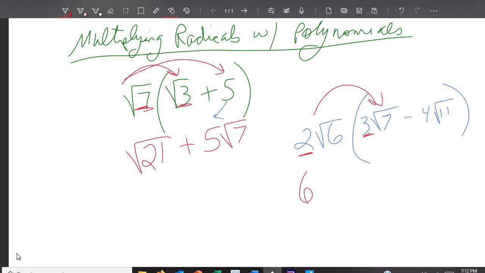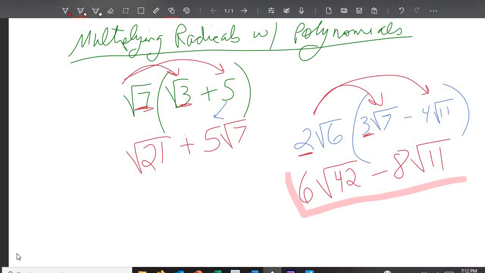We multiply those together. Then we multiply the numbers underneath. Same thing. Multiply the numbers in front. Then multiply what's underneath. This is my answer. That's all I can do. Sometimes you may be able to simplify once you do that, and I'll show you some of those. But the whole thing is to do the distributive property.